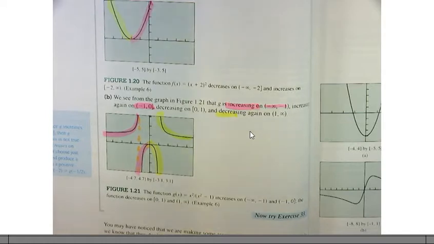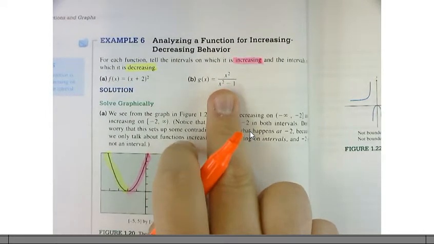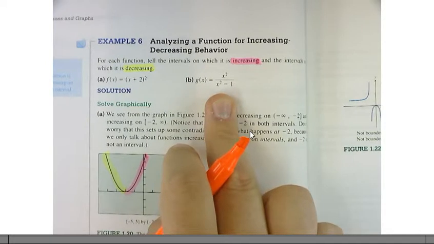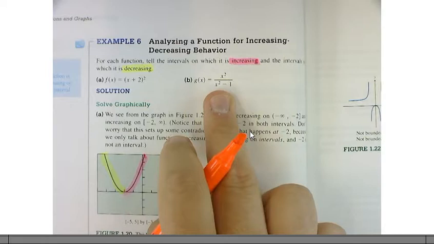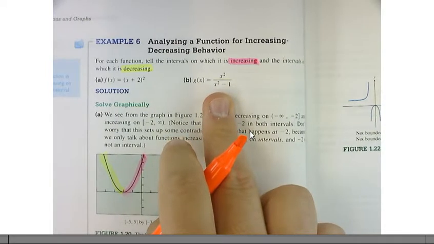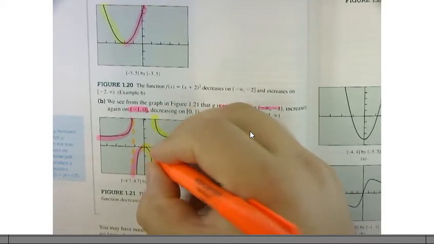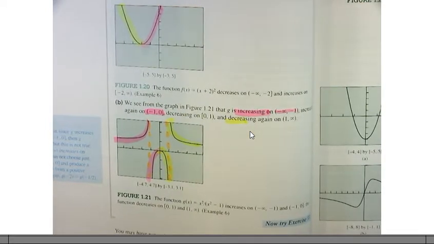If we go back and look at the original function, can x equal 1? This is the function. What happens when x equals 1? 0 in the denominator. What happens when x equals negative 1? Still 0, right? So we have vertical asymptotes at negative 1 and 1. And so therefore, x doesn't equal 1, and we have to be very careful.